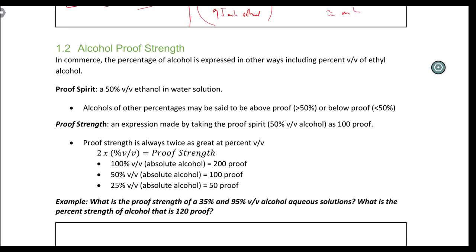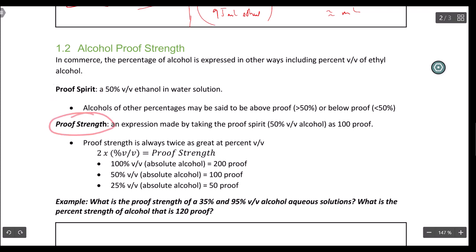Another thing that you will see in commerce is that the percentage of alcohol can be expressed in different ways. We did it by the percent volume in volume, the amount of ethyl alcohol per mLs. You can also do something which is called spirit proof and also proof strength.